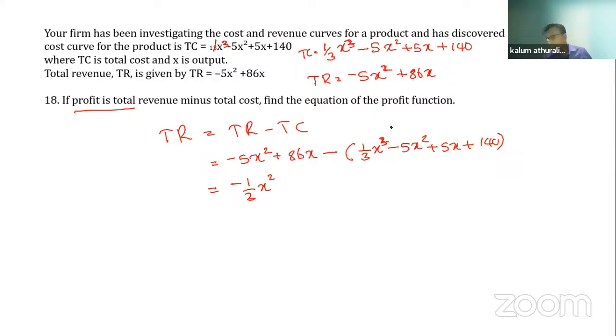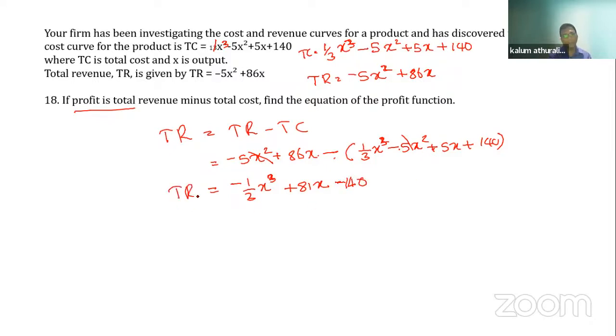Let me correct something. Right. This should be x to the power 3. Then minus into minus plus 5x squared minus 5x squared, these two cancel. 86x minus 5x, then 86 minus 5 is 81x, minus 140, sorry.